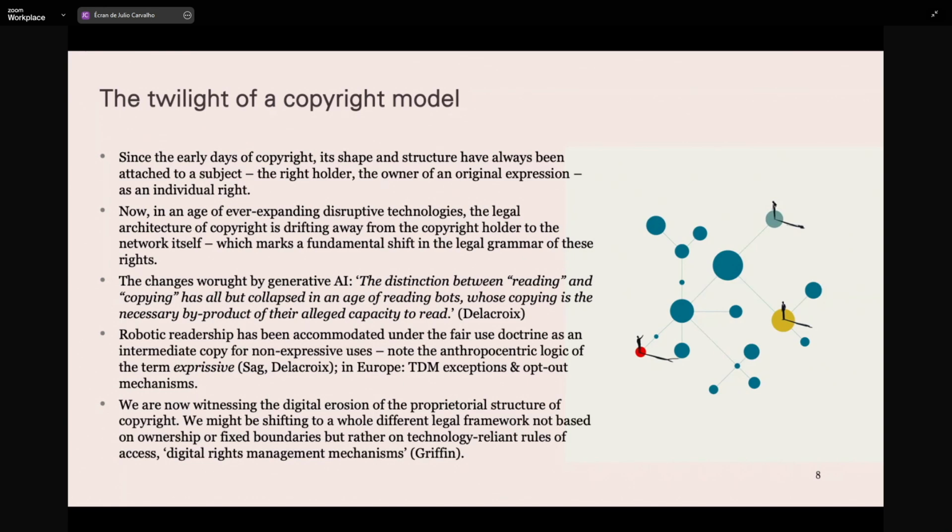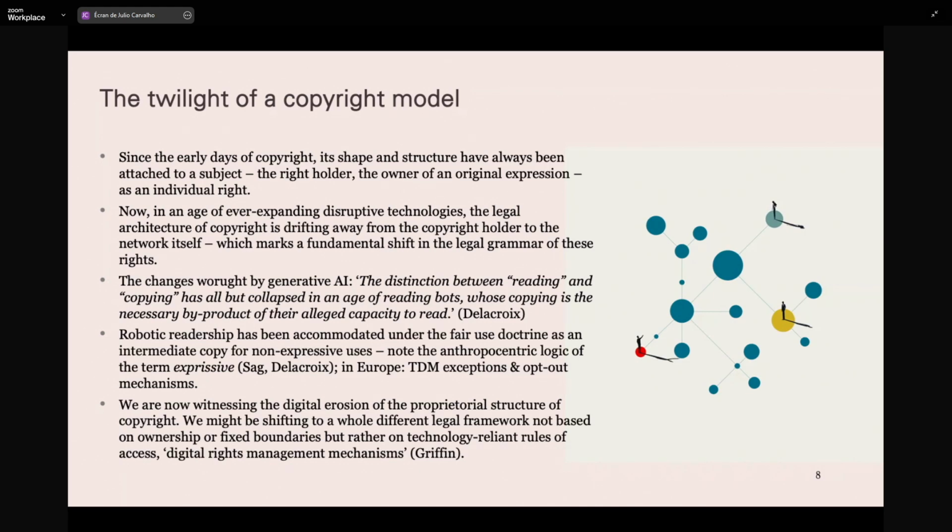Since the early days of copyright, its shape and structure have always been attached to a subject, an individual, right? The right holder, the owner of an original expression as an individual right. Now, in an age of ever-expanding disruptive technologies, the legal architecture of copyright is drifting away from the copyright holder to the network itself, which marks a fundamental shift in the legal grammar of these rights.